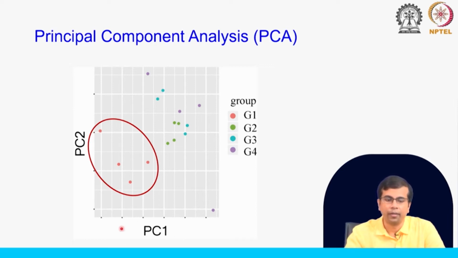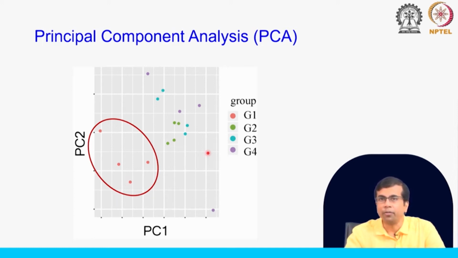Here we can see two principal components, and we saw that we can isolate these 4 group 1 samples, which are separate from the rest of the groups. We also notice that one of the group 4 samples stays far apart from all the other data. So, maybe there is some issue with the library preparation or the sequencing of this sample.